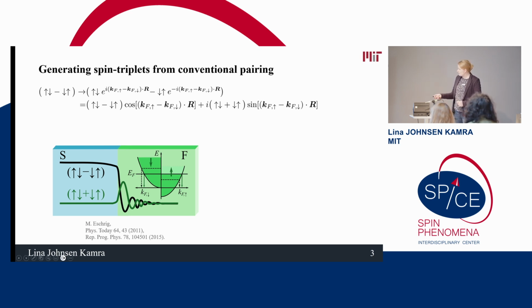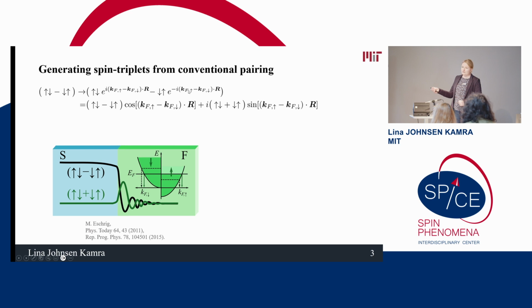The bands of the ferromagnet are spin split, so there's a different momentum for up electrons and down electrons. Because of this, the up-down and the down-up Cooper pairs pick up a phase which has opposite sign for up-down and down-up.